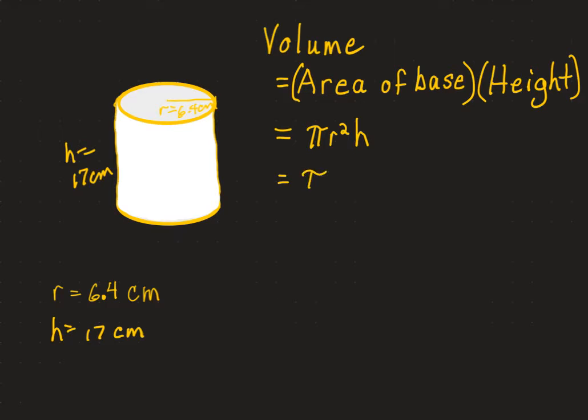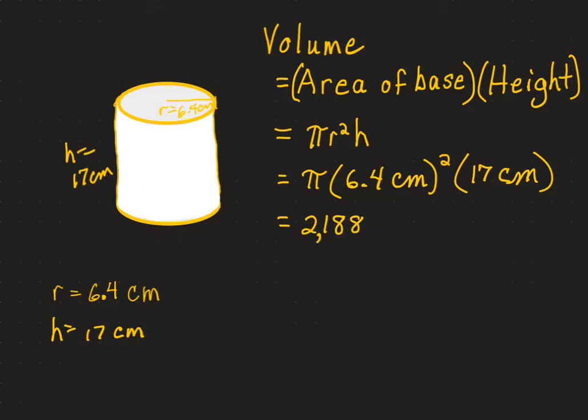Or in this case, specifically, we'll have pi times (6.4 centimeters) squared, the entire thing squared, including the units, and then times 17 centimeters. So that will give us 2,187.553, and so on. I've rounded it to the ones place, and I'm expressing this as I have centimeters squared here and centimeters to the first power there. So I have centimeters cubed.